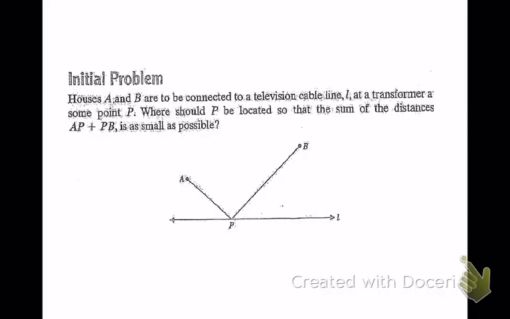Alright? So we have to figure out where to put P on that line. And we will learn through what we do today, this chapter, where that point P should be.